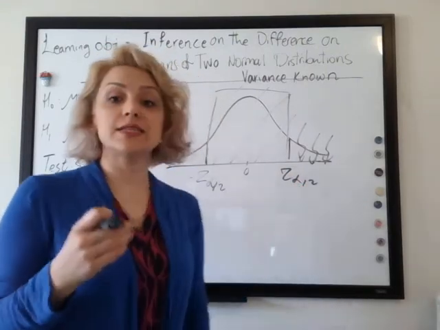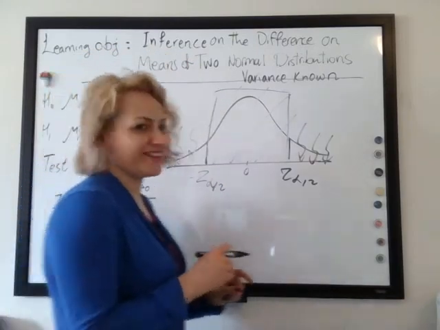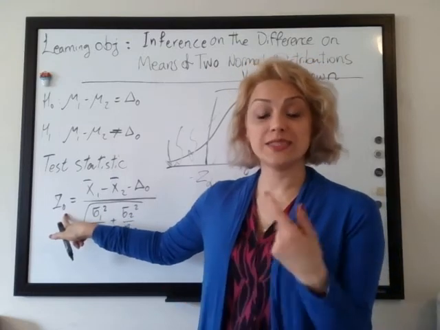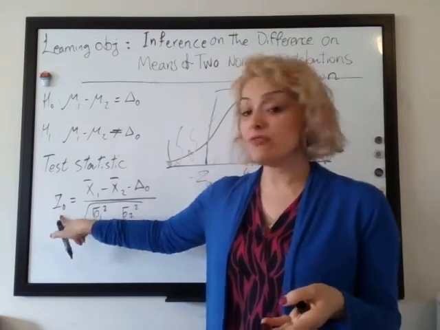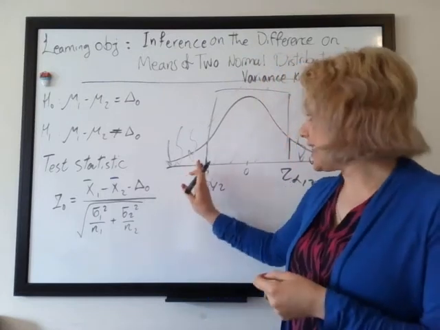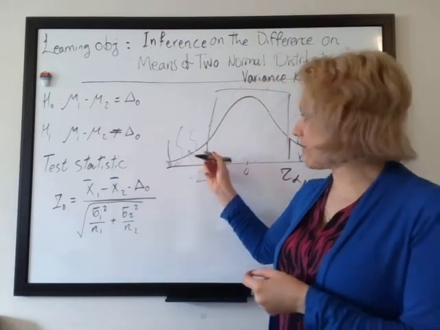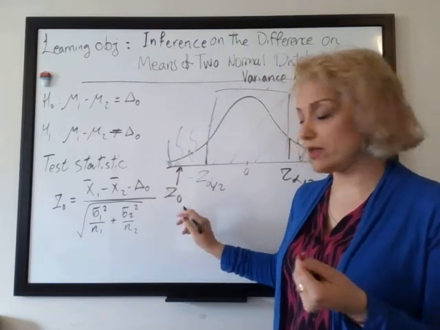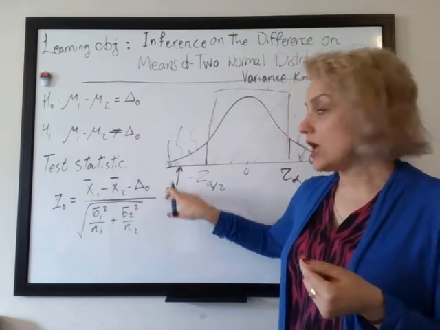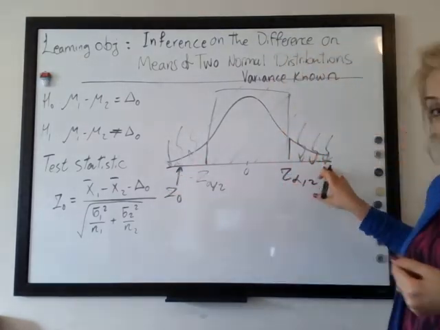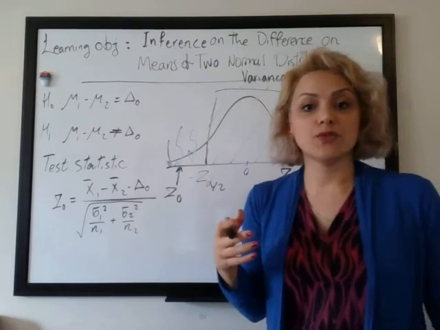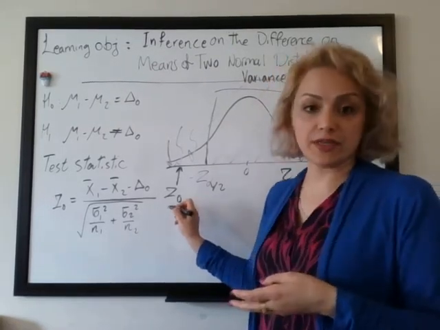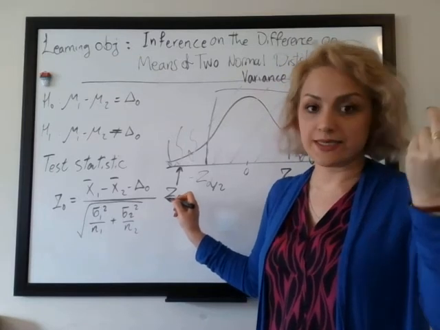We would say that if the z of the observation, the z that we find from the test statistic, let's say z observed, is in this area or in this area, in that case, I would reject the null hypothesis. So here is going to be half of the z for the test statistic that we found.